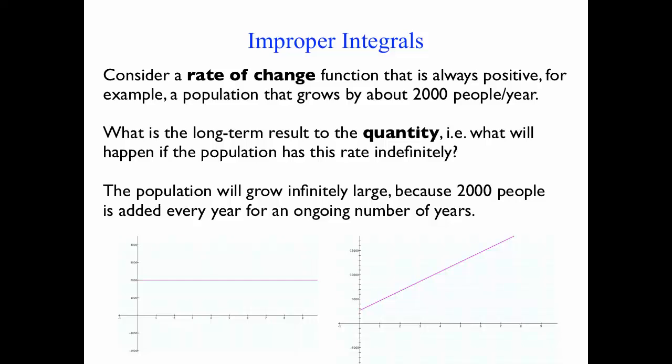So what did I give you? I gave you the rate function, and I'm asking you for an amount of a quantity. So what kind of expression is that? Everyone, pretend it's a quiz. You've got to write down an expression that gives the total population over many, many years in the future, given a rate of 2,000 people per year. Pretend it's a quiz. Everyone write it down.